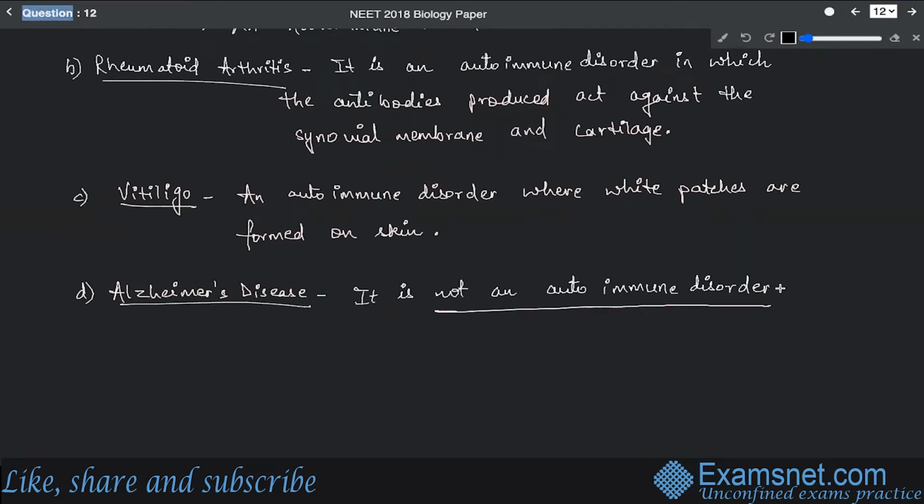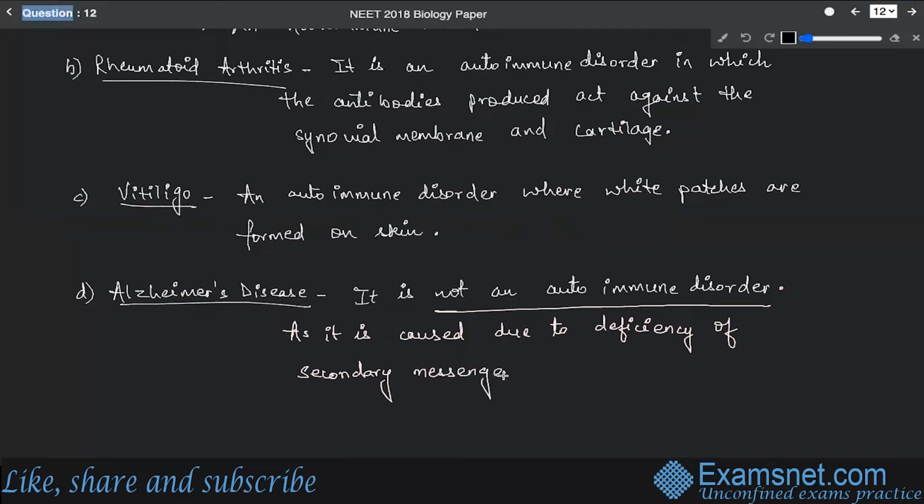Not an autoimmune disorder, as it is caused due to deficiency of secondary messengers, that is neurotransmitters, which are responsible for the cell signaling process.